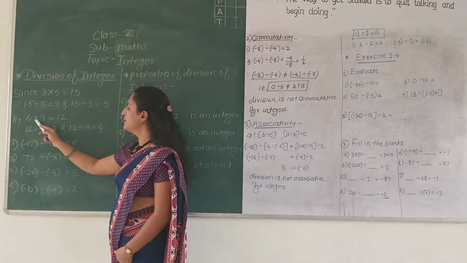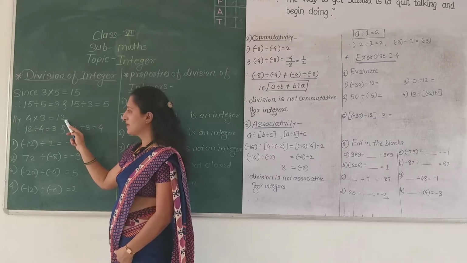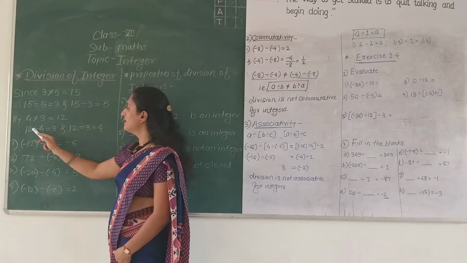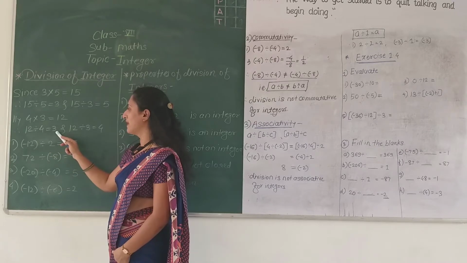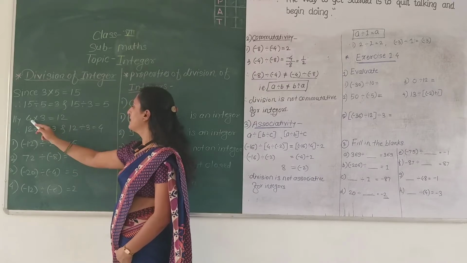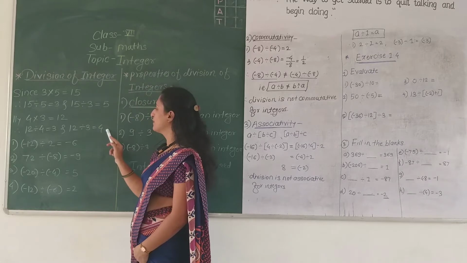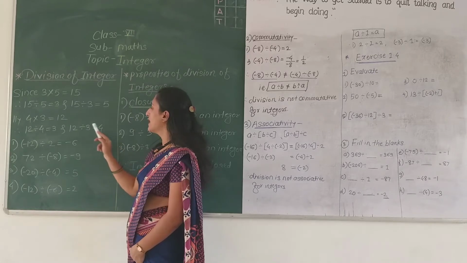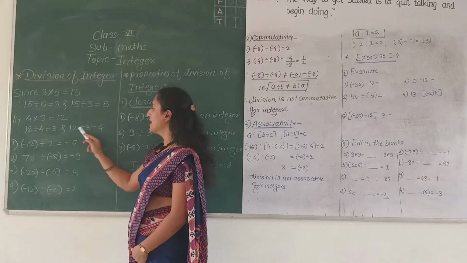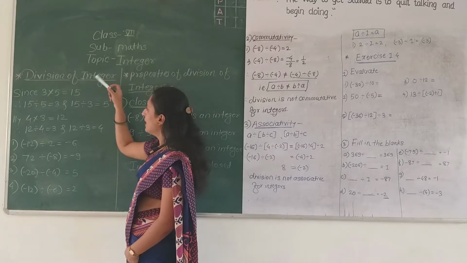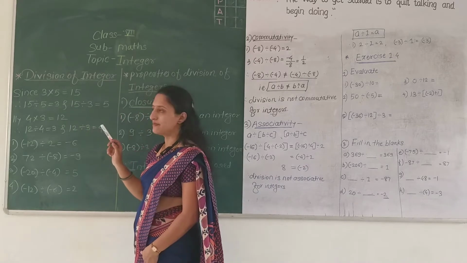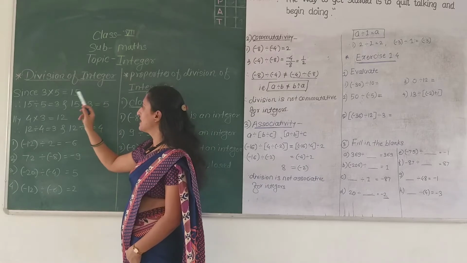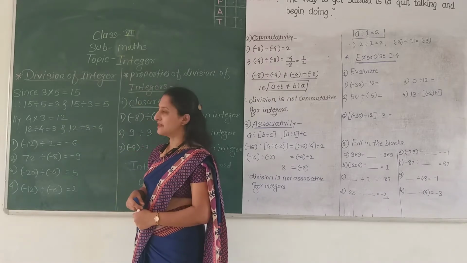Here 4 into 3 is equal to 12, so from this we can write 12 divided by 4 is equal to 3, since 4 3's are 12, and 12 divided by 3 is equal to 4, since 3 4's are 12. So from every multiplication statement we get two division statements.